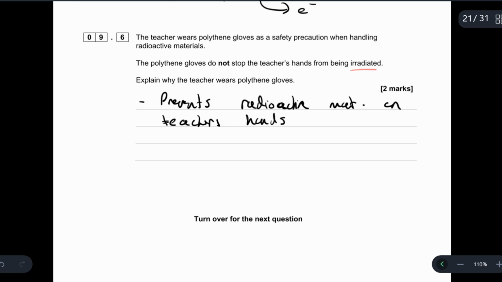The issue is that we want to make sure that none of the actual radioactive particles themselves, or the radioactive material itself, gets onto the teacher's hands, because if that happens, then you essentially have contamination of the teacher's hands, which is what you want to avoid, because that could cause damage. And you could have outlined the kind of damage that would cause. So what kind of damage do you get from radiation? Well, it can cause things like cancer.